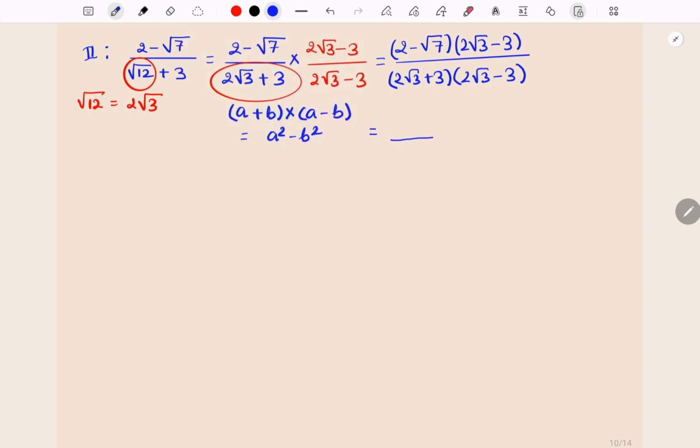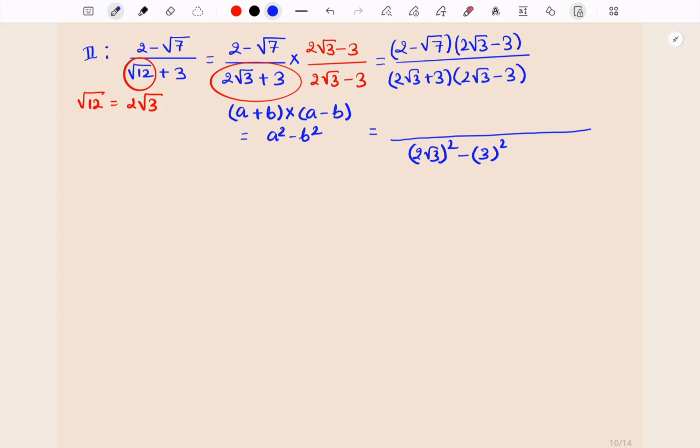In the denominator, we will have a squared. So we have 2 root 3 in place of a, 2 root 3 squared minus b squared, minus 3 squared, because 3 is taking the place of b. So that is the denominator.